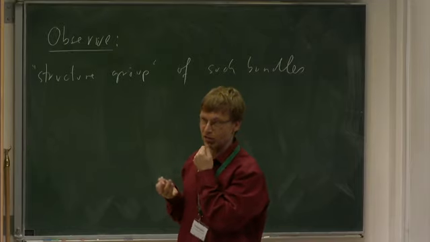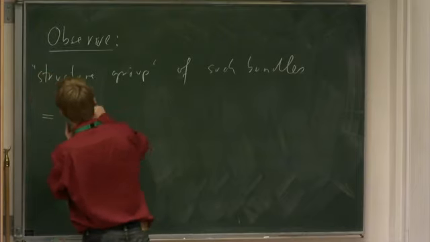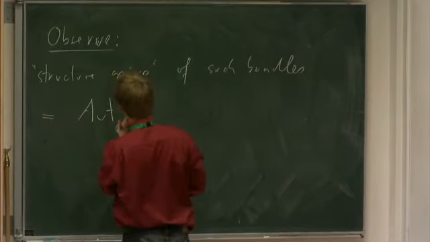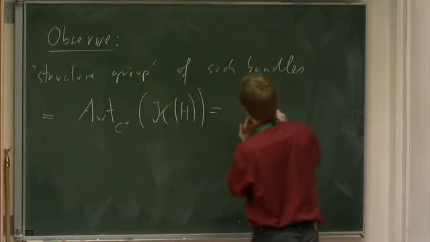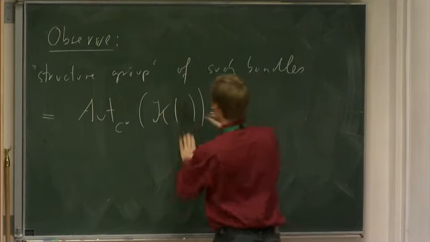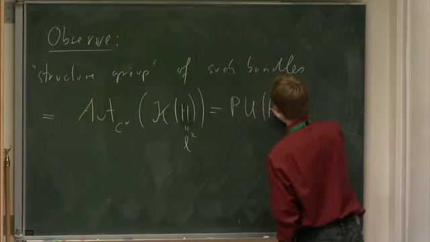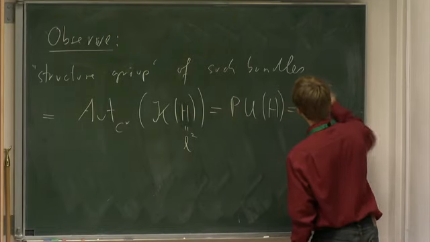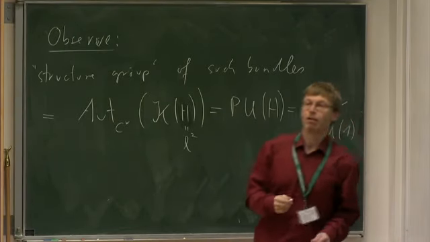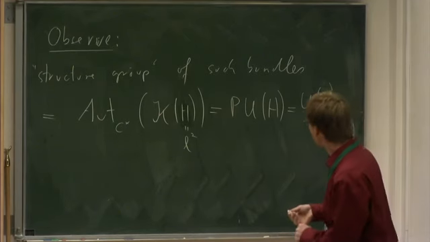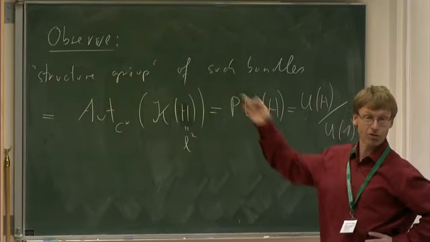This is the projective unitary group, the automorphisms as C-star algebras of K of H. This is what I would call H, this little L2. That's PU of H, which is the unitary group, which is contractible, modulo its center U1. Okay? So these are precisely the automorphisms of the fibers, and that is then the structure group of such bundles.